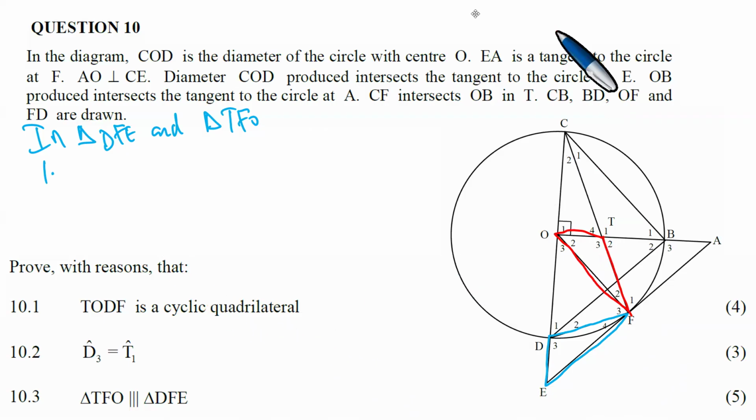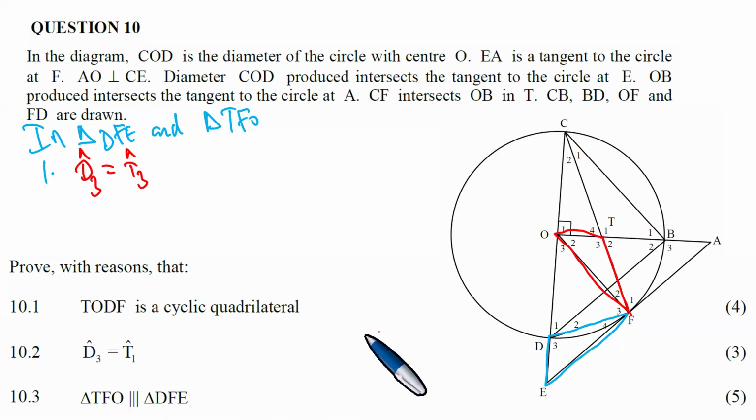Let me see what Lesedi was saying here. You're saying D3 is equal to F1. Okay. I agree with you, but I'm interested in the angles that lie inside the red one. Yeah, D3 is T3. I agree with you. The angle D3 is equal to the angle what?